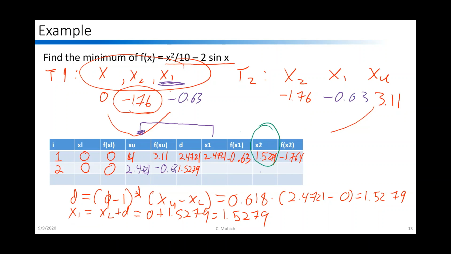That's the exact value as x2, right? That idea that we were talking about earlier is showing up again. We're getting to keep one of our numbers. So we can plug in our 1.5279 and pull down its value here. So we really only need to calculate x2.